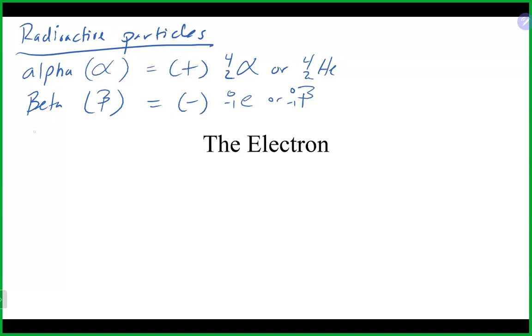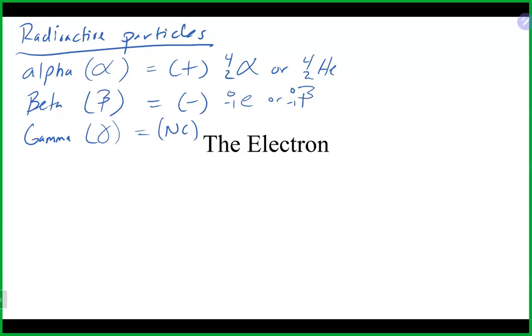The last one is gamma rays, which are basically pure energy. They have no charge. So for the most part, alpha, beta, and gamma are very similar to protons, electrons, and neutrons, and they were used a lot in experiments that helped us understand the structure of the atom.